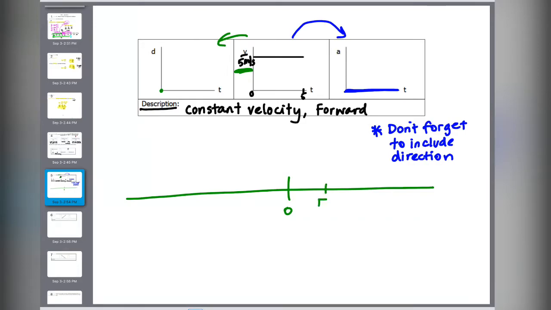So in 1 second, I should have traveled to 5. At 2 seconds, I would have traveled to 10. So if I make the little number grid here, I know that every second I increase at an equal increment. Because every second I increase by 5, I end up with a diagonal straight line. So every time it's a constant velocity, my position time graph should be a straight line.